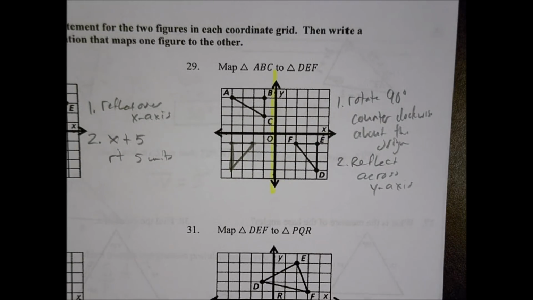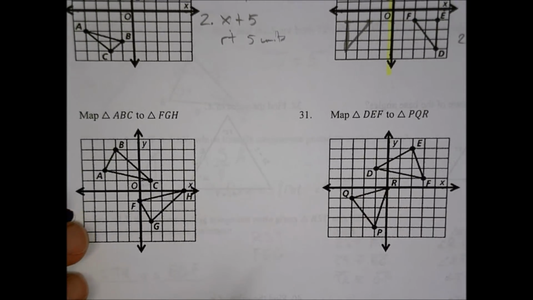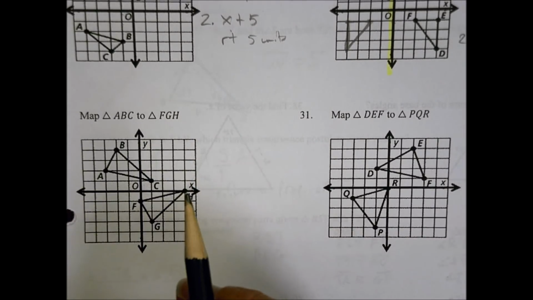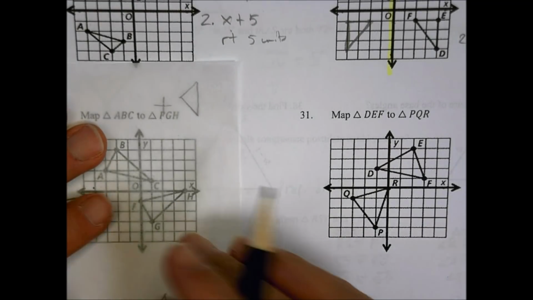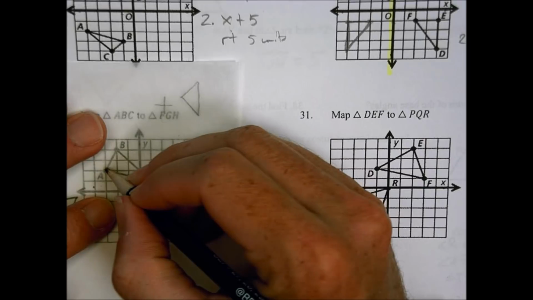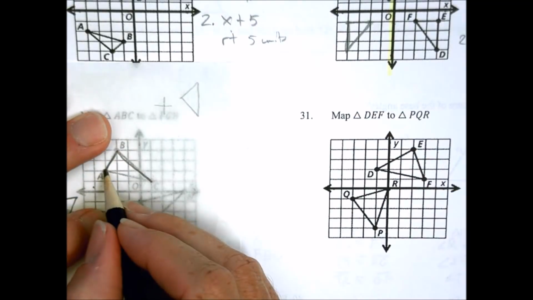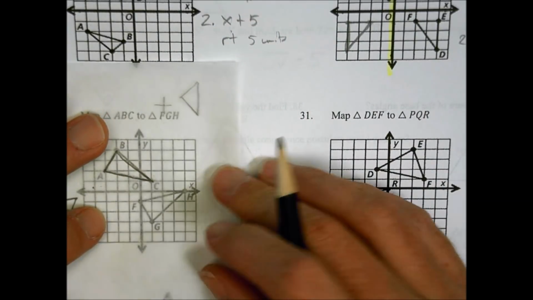For number 30 and 31, they're a little bit more complicated. There's more things happening here, and there's a variety of ways to get to the solution you want. So you can look at that. Again, it's really up to you. What do you see? I know that I have to go from here, in this position, and I have to get that guy to line up over here somehow.